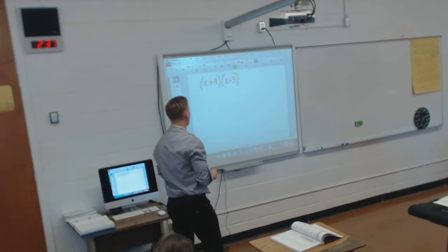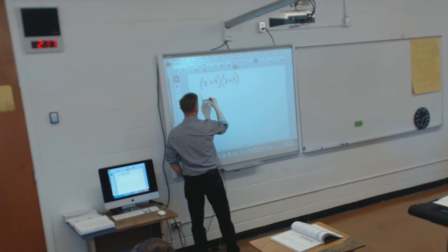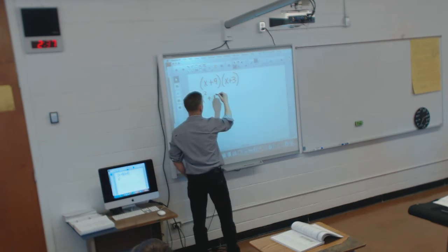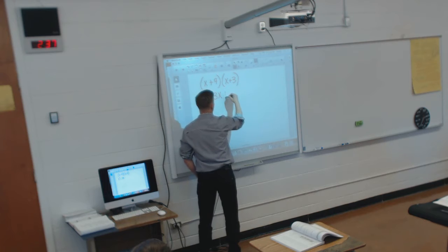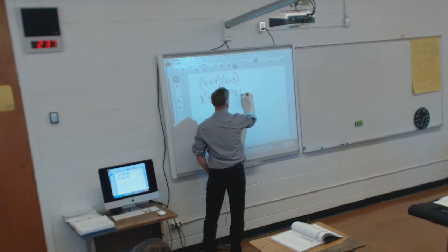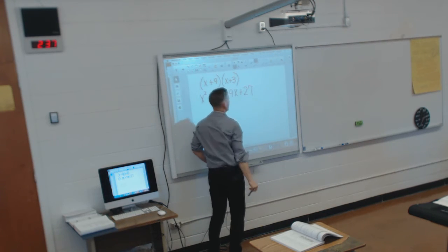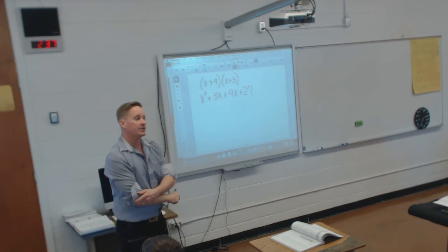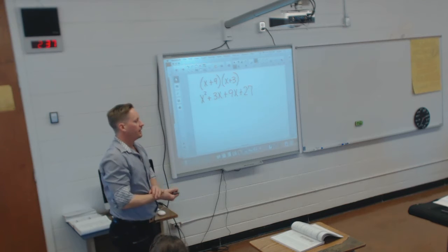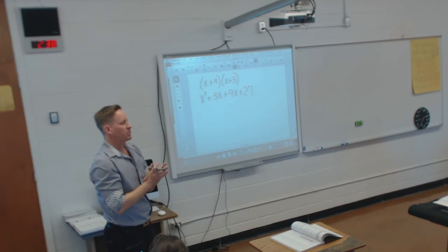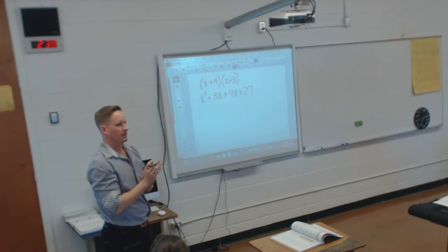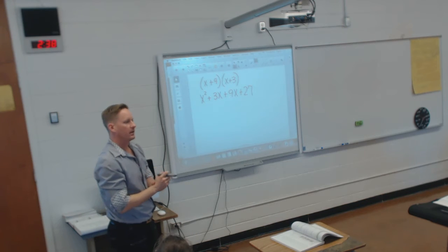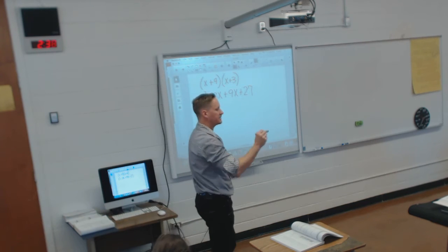FOIL. So if I FOIL this, what do I get? X squared. What's 3x? 9x. Add 27. Okay, before I go any further, I need you to see something. That last number is 27. That value is always the last digit times the last digit.